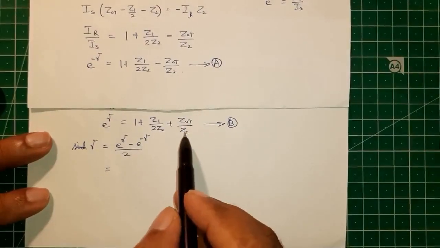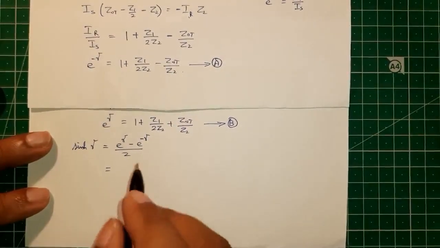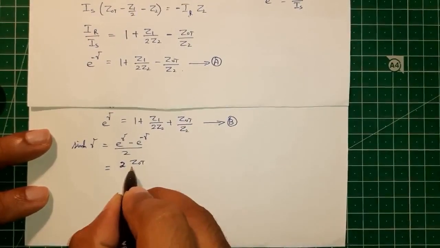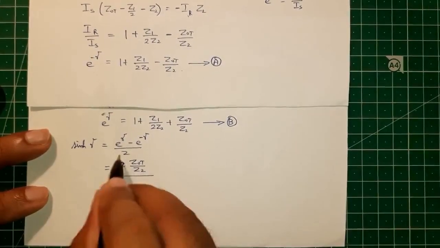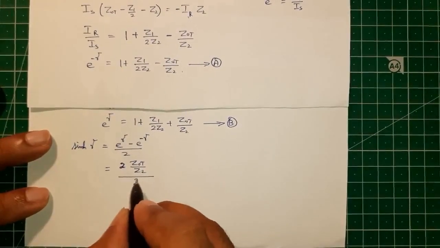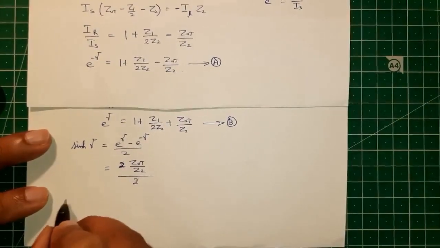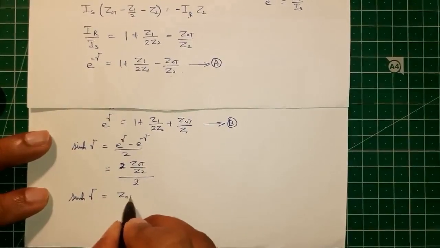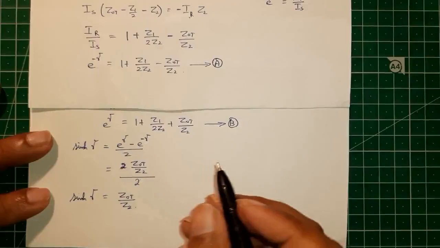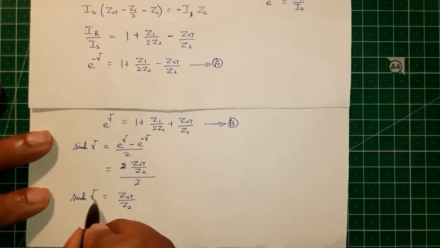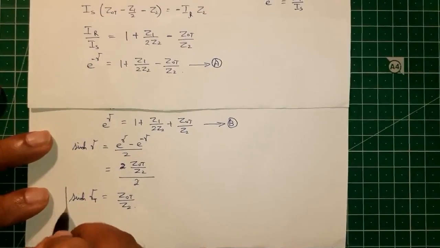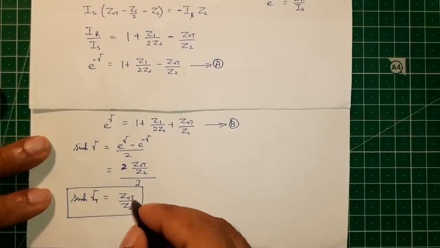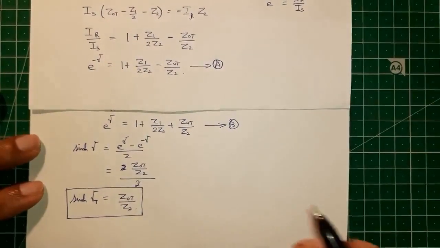So that will be Z0 t by Z2 plus Z0 t by Z2, so that will be twice of Z0 t by Z2, and in the denominator we are having 2 here. So these two will be cancelled. So we have sinh gamma is equal to Z0 t by Z2. So this is for a T network. So sinh gamma t will be equal to Z0 t, the characteristic impedance, divided by Z2, the shunt arm impedance.